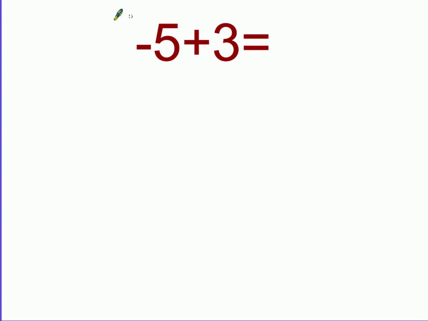So let's start by circling each number with the sign in front. This shows us that we have 5 villains, or negative integers, and 3 superheroes, or positive integers.